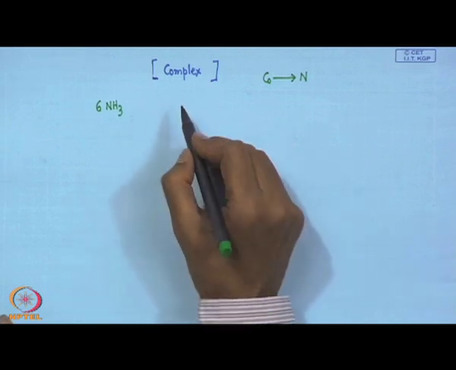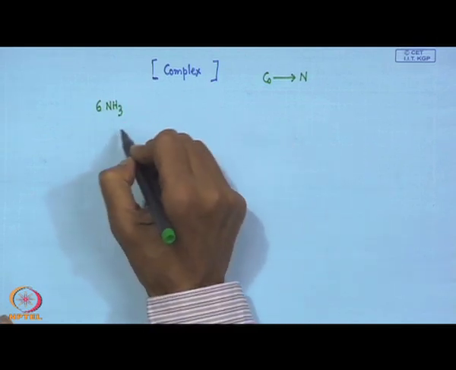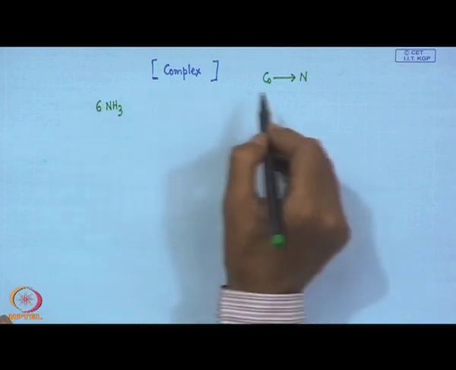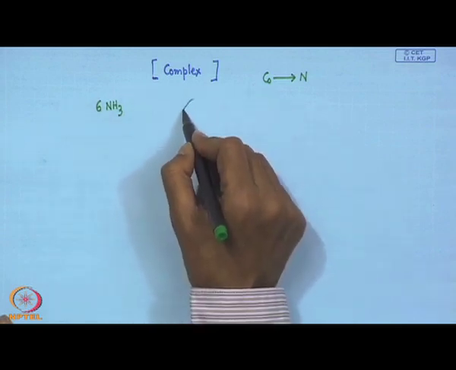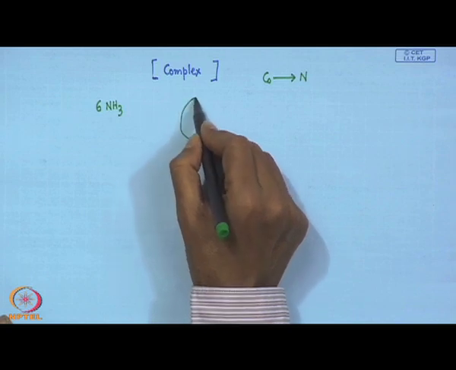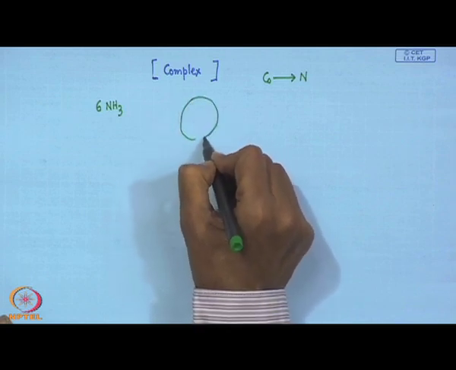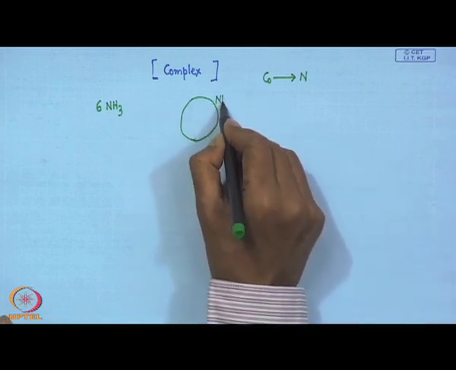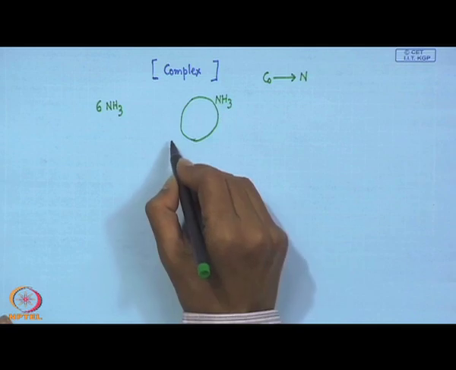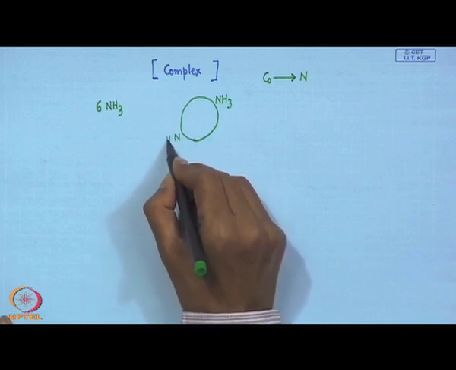That means they are providing some amount of environment around the cobalt center. So, a particular environment is forming by using all these ammonia, and we have 6 such.